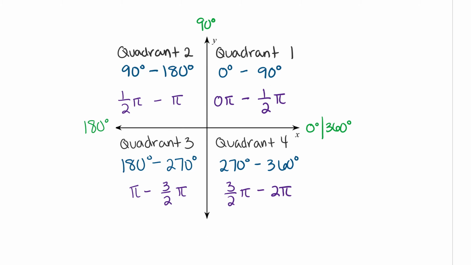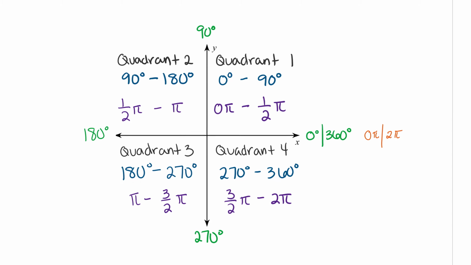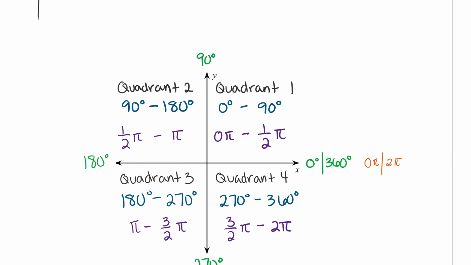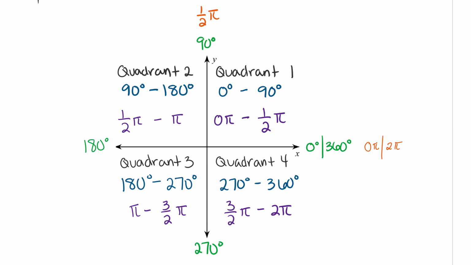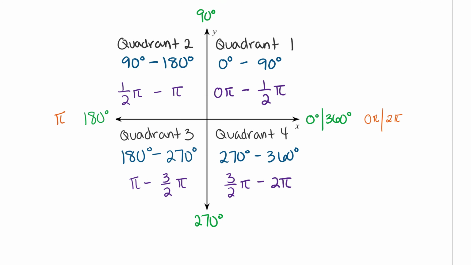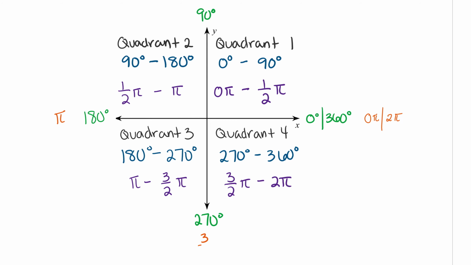And the bottom one is 270 degrees. Now we do radians. This first one is going to be 0 pi or 2 pi. And the top one up here is going to be 1/2 pi. The left one is pi. And the bottom one is 3/2 pi.